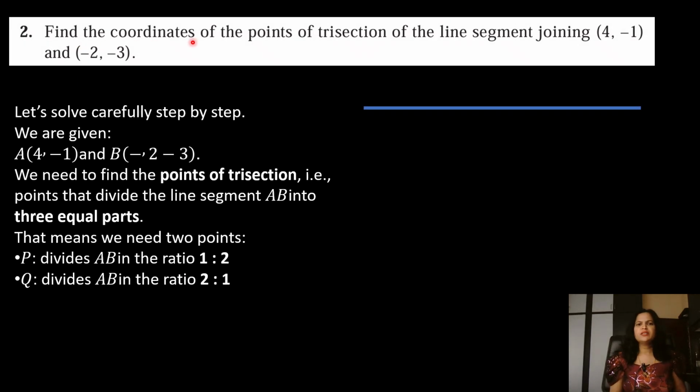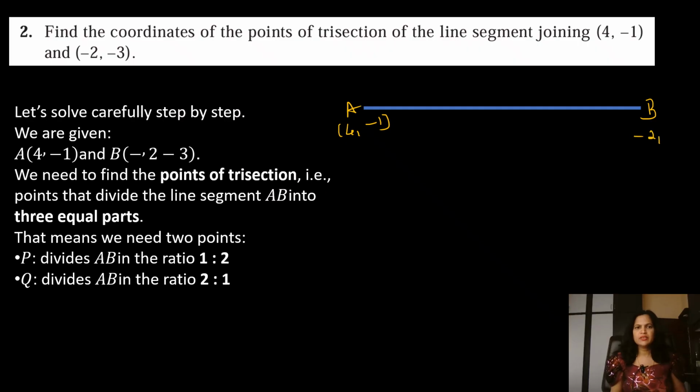Second sum is find the coordinates of points of trisection of the line segment joining these 2 points (4, -1) and (-2, -3). Let's solve carefully step by step. We are given 2 points A and B. A is (4, -1).